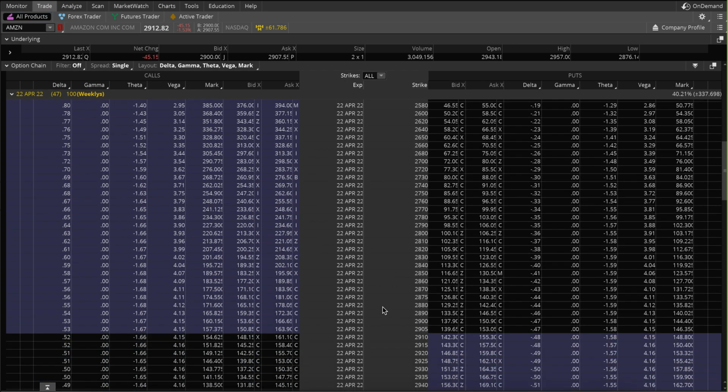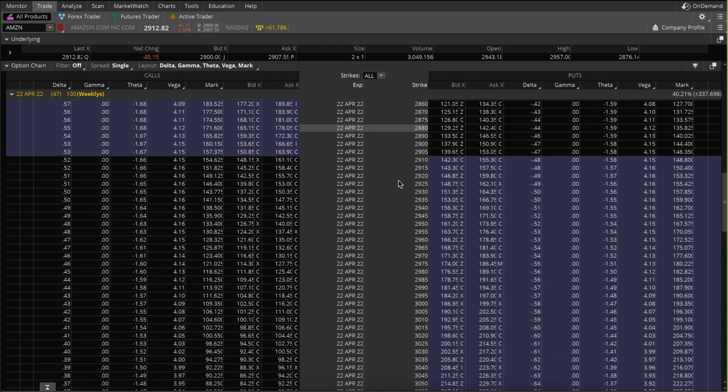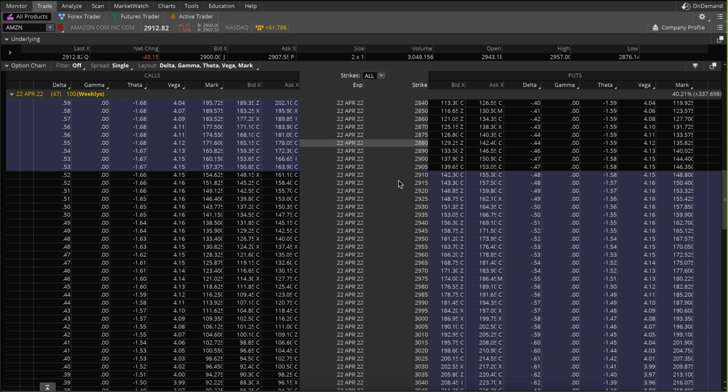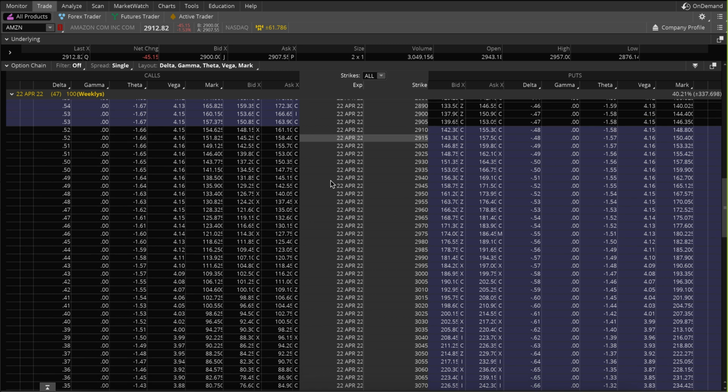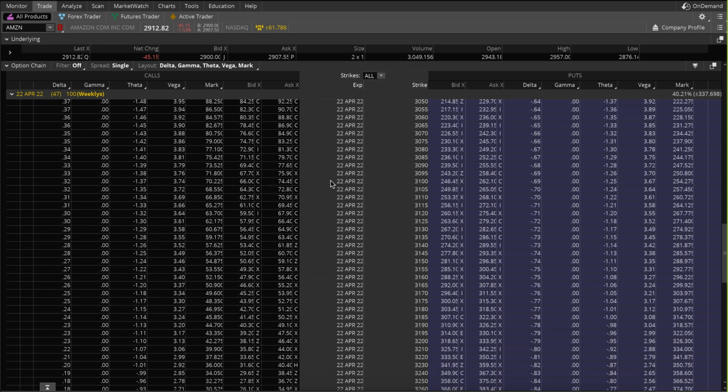All right, so again, we're going to pull up a scenario for buying a debit call spread. This involves buying and selling a call option. And we think that Amazon is going to hit the $3,600 levels. So let's look around there.